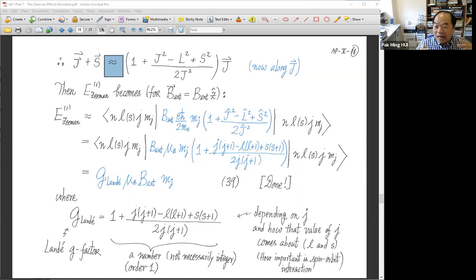Now recall, in the degenerate perturbation theory, we take this subgroup of degenerate states and write down a matrix. Okay, do you follow me?